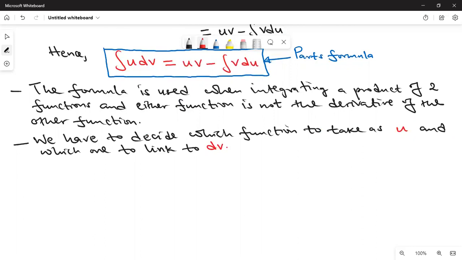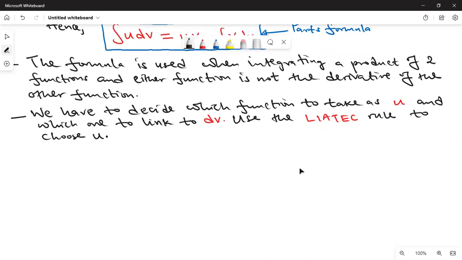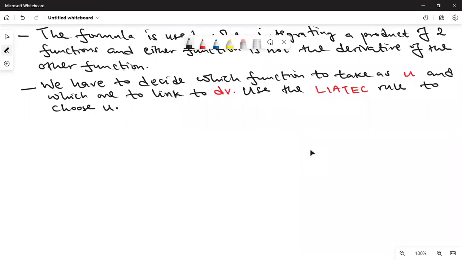We use what we call the LIATEC rule to choose the function u. What is the meaning of LIATEC? Let me explain it here so that you can understand it better.